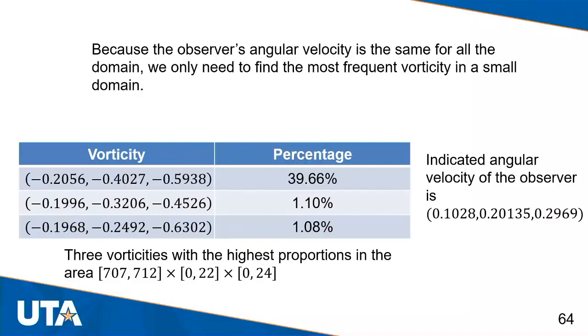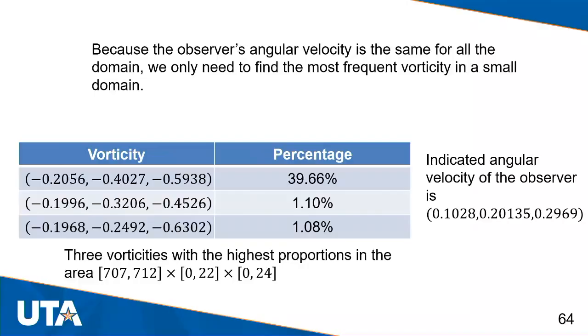So to improve efficiency, we just find the most frequent vorticity in this small domain, and you can see we do have a dominant vorticity vector. The most frequent vector accounts for around 40%, but the second most frequent is only 1.10%. By comparing the percentages, we can distinguish the point we need, and we apply the theorem.